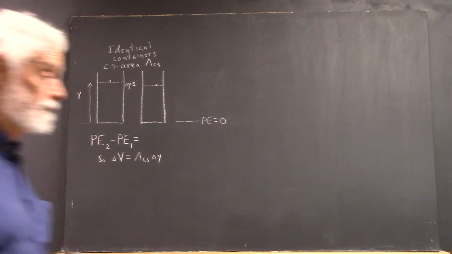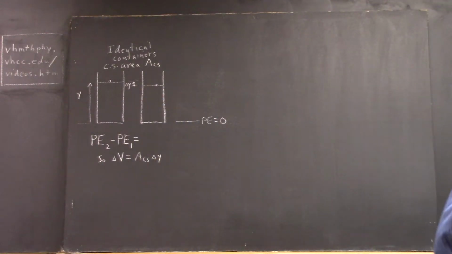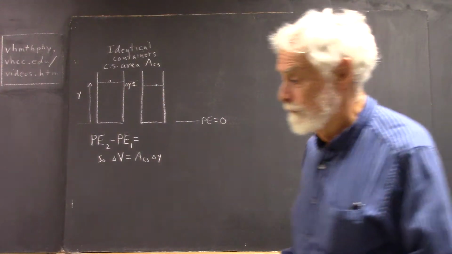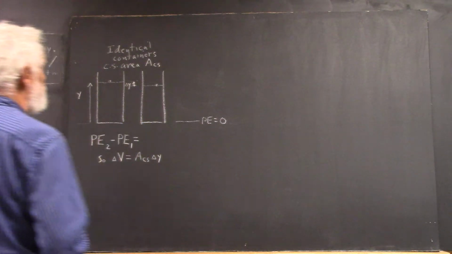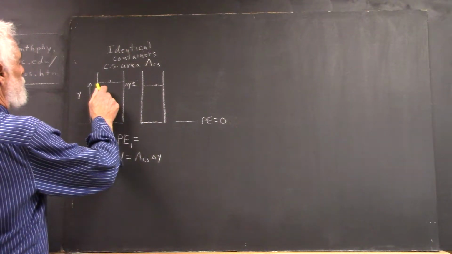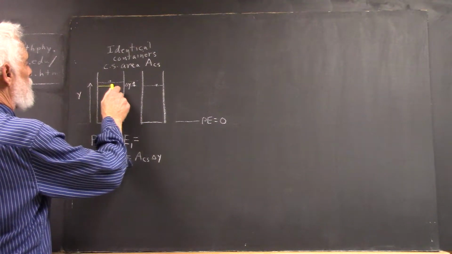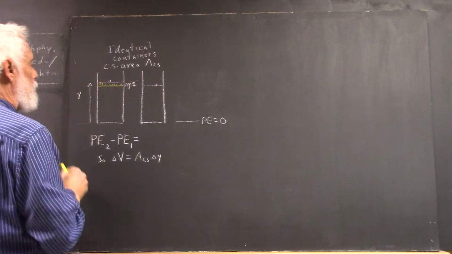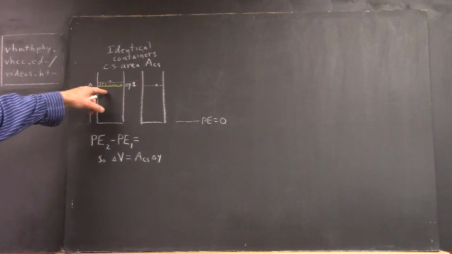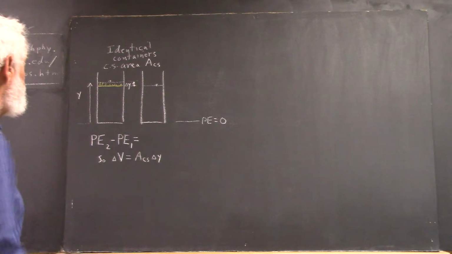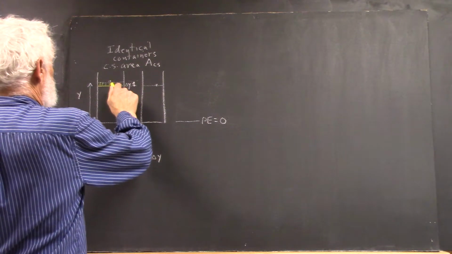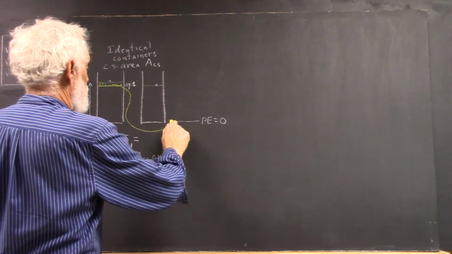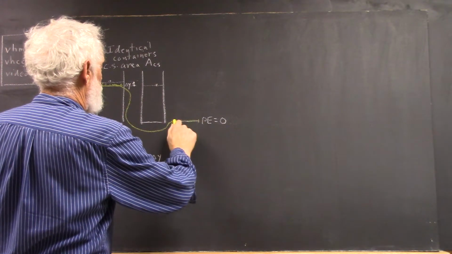So that's why it's minus, whatever that distance is, Y2 minus Y1. We take this chunk of water, right? And let's move it to here.